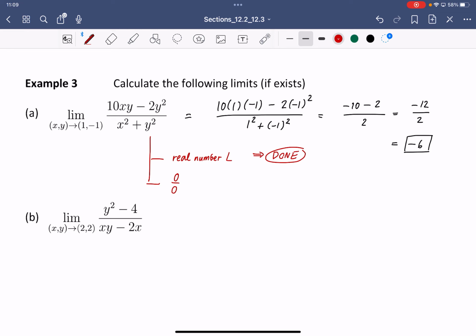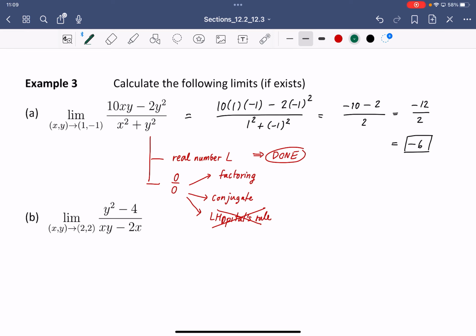So when you get 0 over 0, you need to do factoring or conjugate as in calculus 1. But we don't have the L'Hopital rule here because in 2 dimensions you cannot use the L'Hopital rule. When you have a function of 2 variables, you don't know which variable you're gonna differentiate with respect to, right?